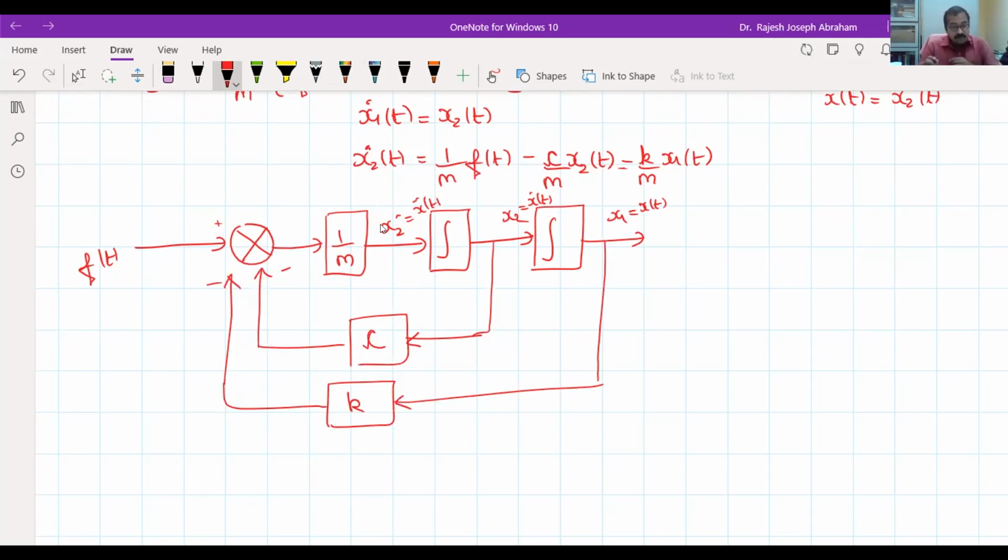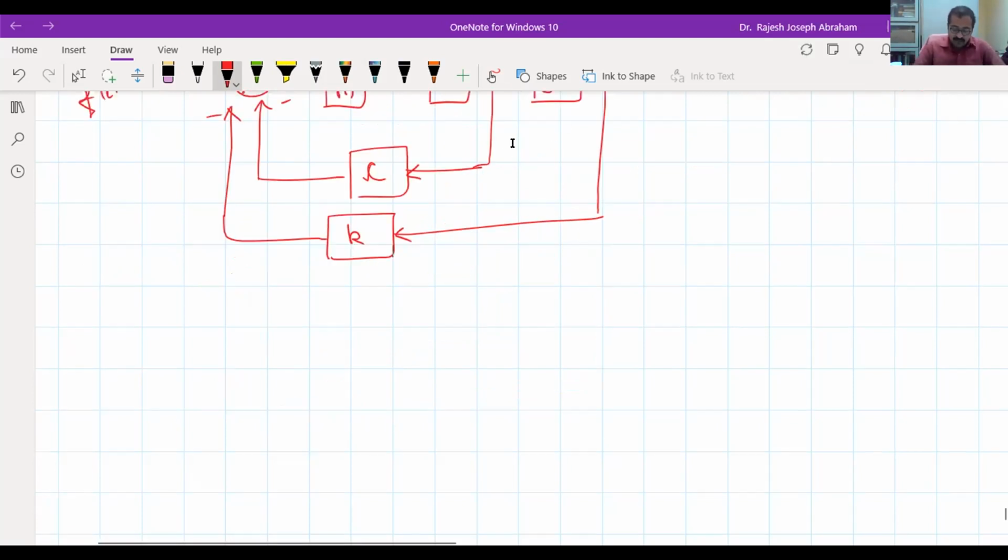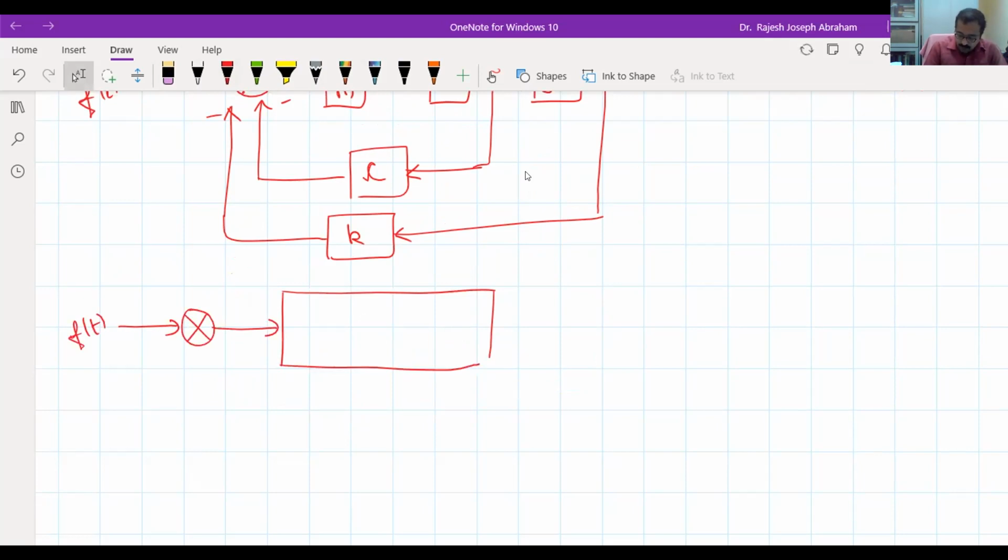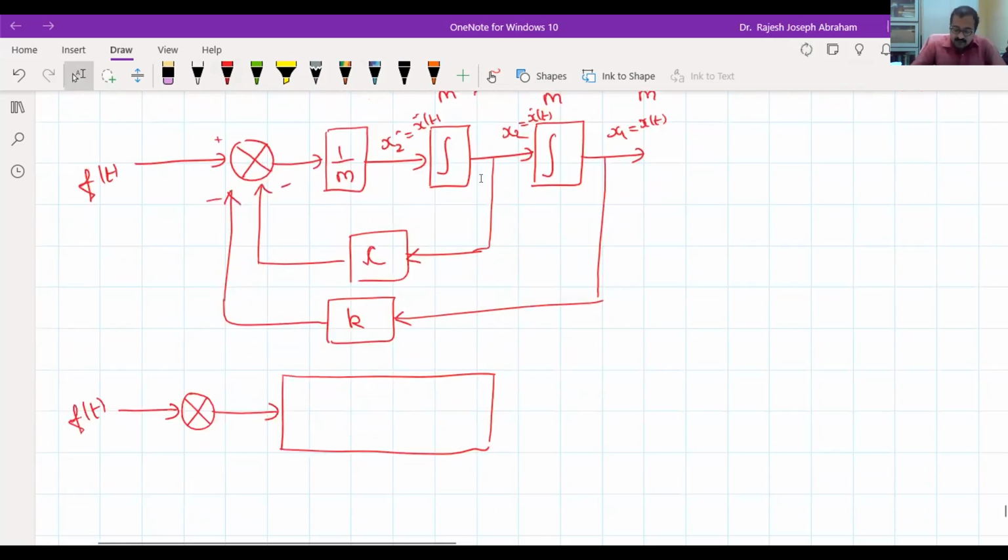Keep in mind m, c and k are perturbed plants, so let us draw this in terms of parameter variations. Again, this is our f of t and this is the summing point. I am replacing 1 by m, c and k with the respective variations in the plant.